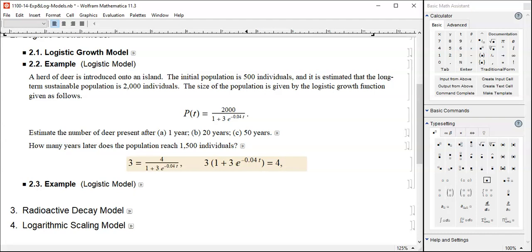And then break up the parentheses. And then solve for exponential.